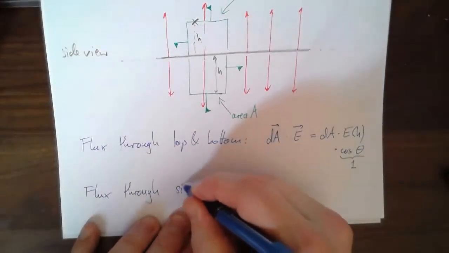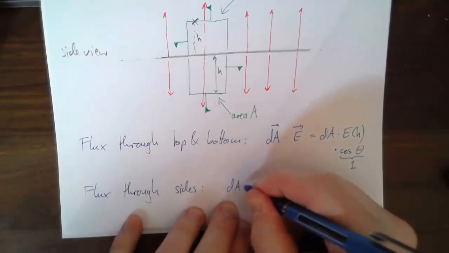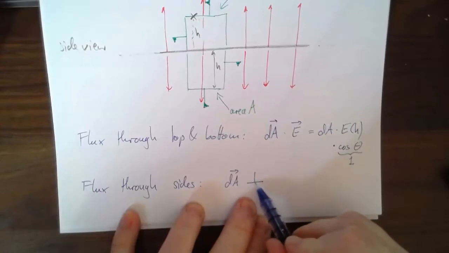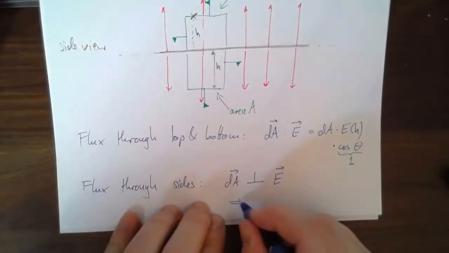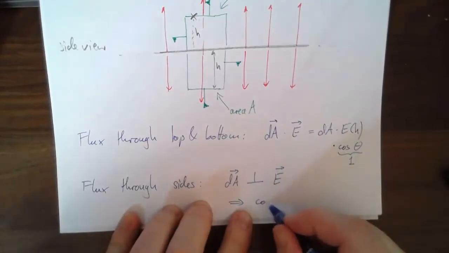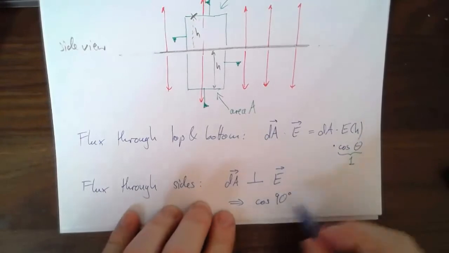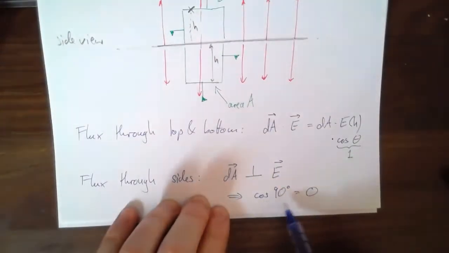Flux through sides. Well, we have the dA, the flux, is perpendicular, right? Perpendicular at 90 degrees to the electric field. So cosine 90 is going to come in, equals 0. I mean, of course, I'm not implying that cosine 90 is 0.